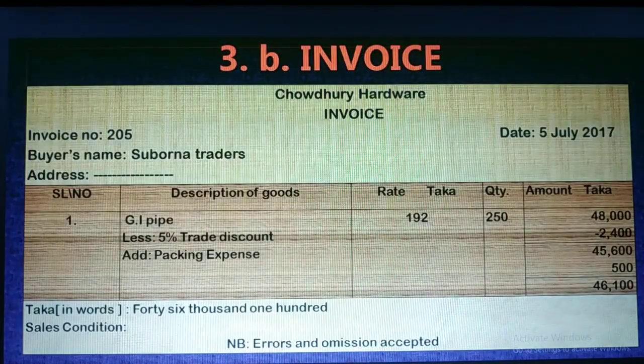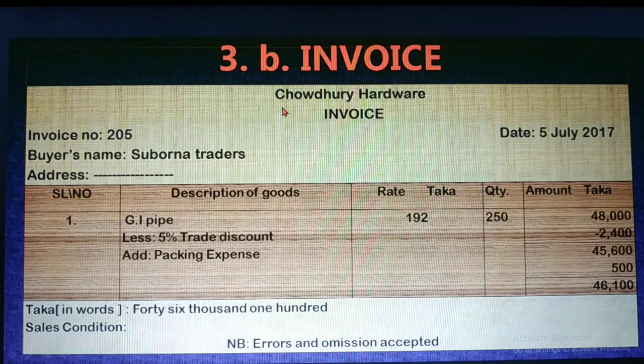Now invoice. Dear student, you know invoice is an important document which is used at the time of purchase and sales. Dear student, to prepare an invoice, at first you have to write the owner name at the top of the invoice. Look at here, Chaudhary Hardware. There is no address given in this requirement.